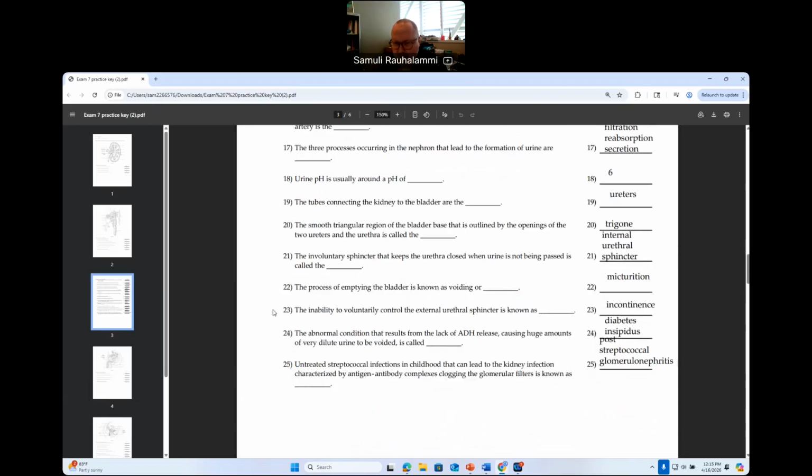And as I alluded to earlier, question 23 shows that when we lose the ability to voluntarily control the outer urethral sphincter, we have a case of incontinence. And diabetes insipidus was characterized by frequent urination, where we expel large amounts of very dilute urine. This we see in question 24. Finally, on question 25, I have a clinical example for us.